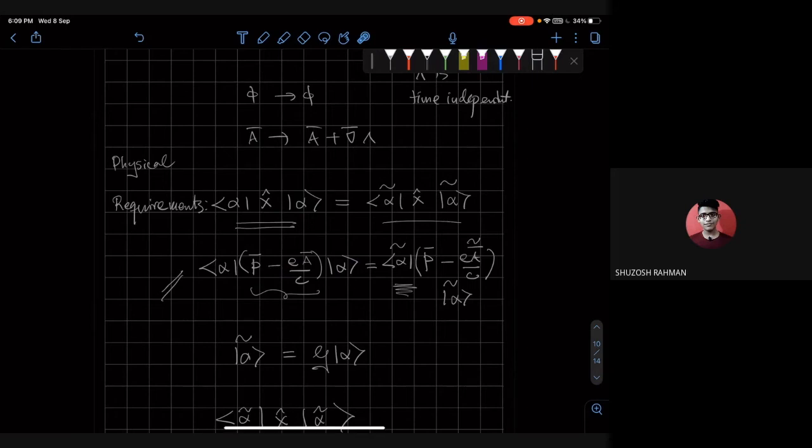But we know that A is not invariant, so we know that something has to give. So we have to assume that under the gauge transformation, the state cannot remain the same. So we assume that the state changes under gauge transformation by some operator called G, calligraphic G, acting on the original state. Okay? Is this clear so far?